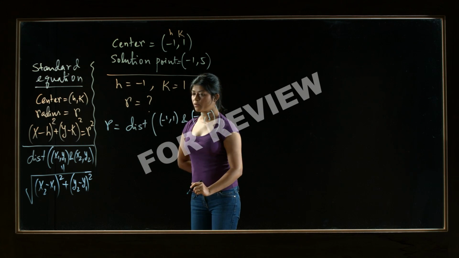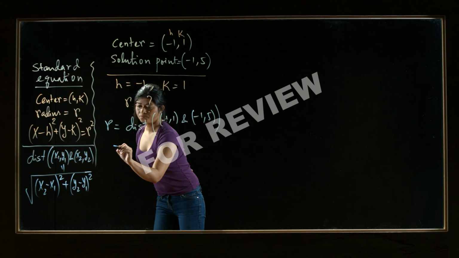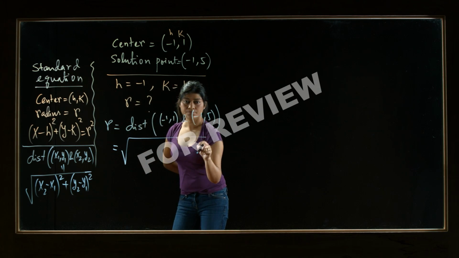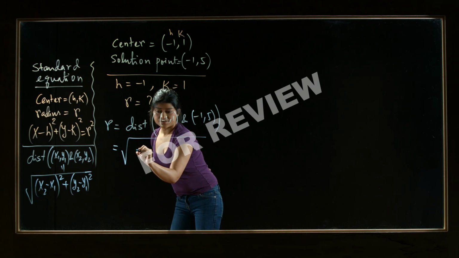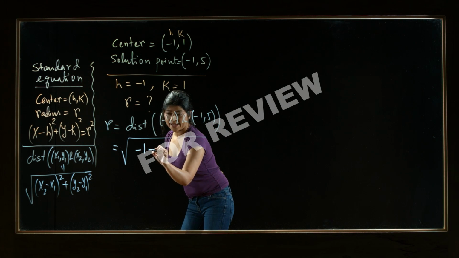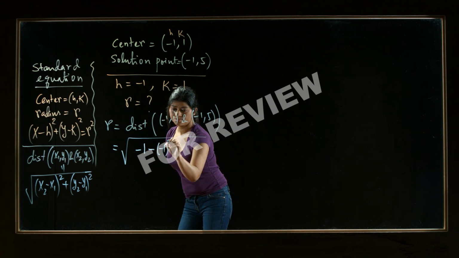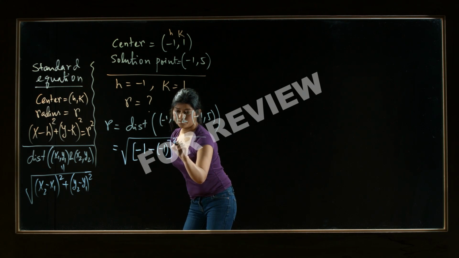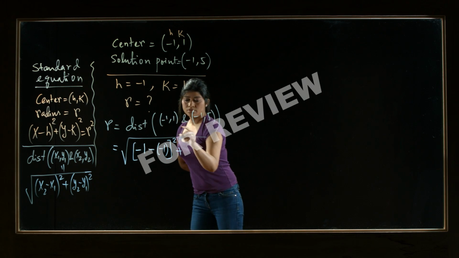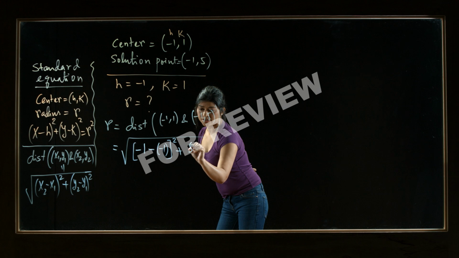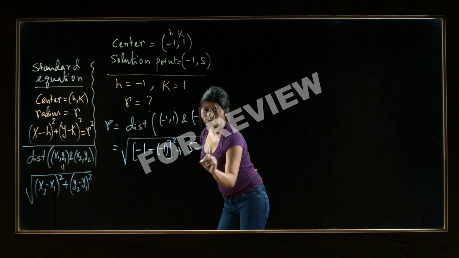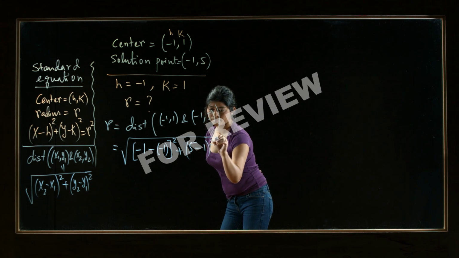So that's the distance formula. Let's apply it right here. So this is square root of the two x values, -1, negative of -1 square, then add the y values, that is 5 minus 1 square.